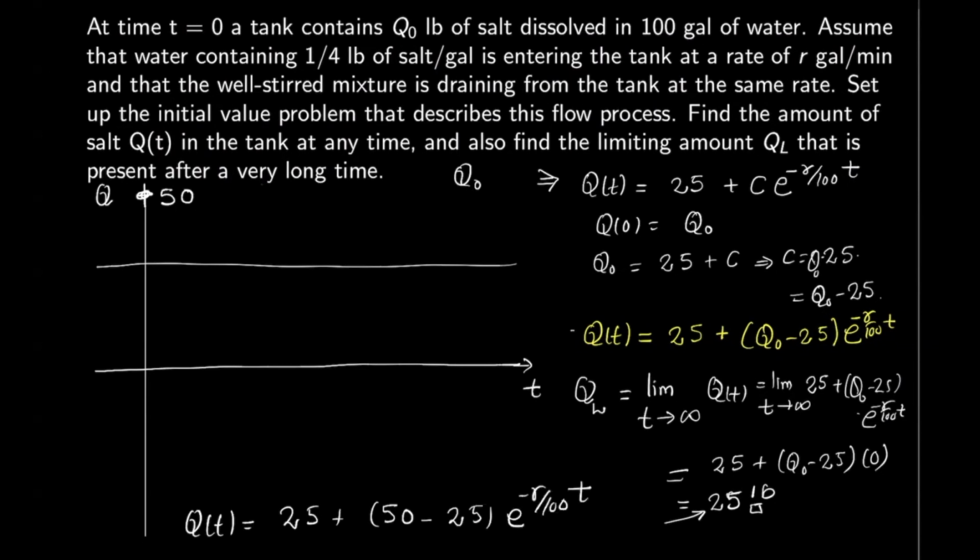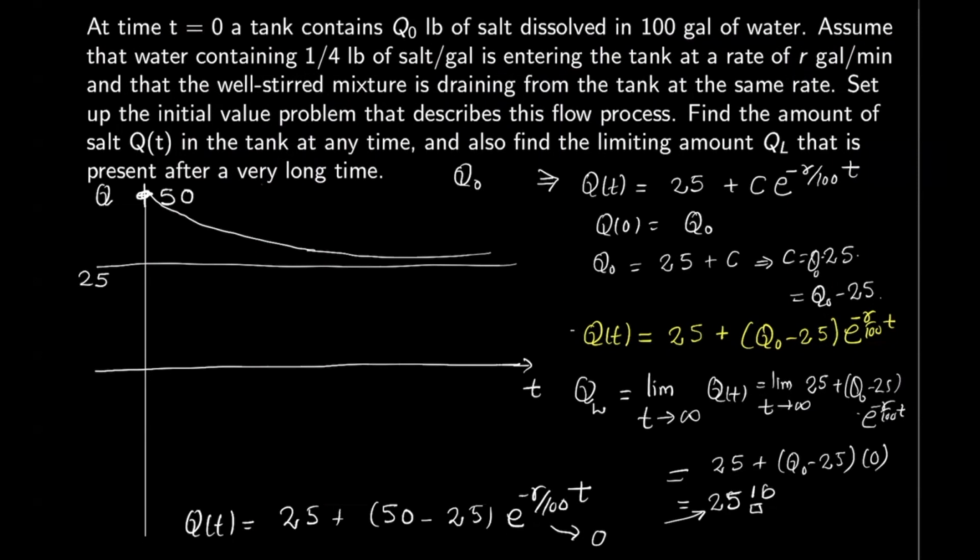As time increases, the exponential is going to decrease to 0. So the solution will decrease as time increases, but it cannot decrease more than this number, which is 25. That is the limiting value of the salt in the tub.